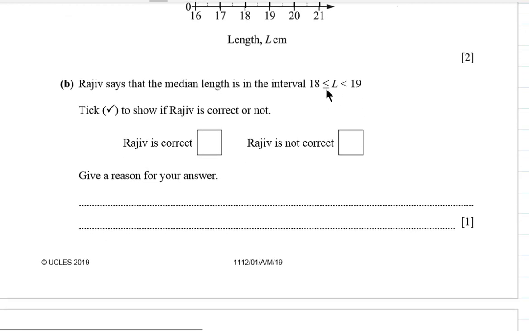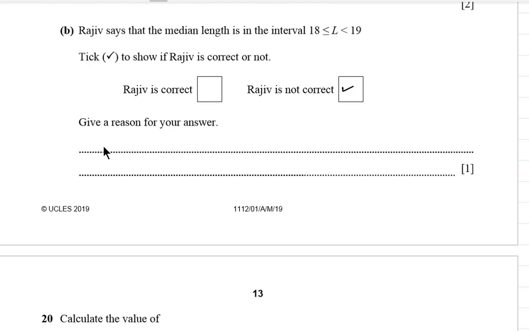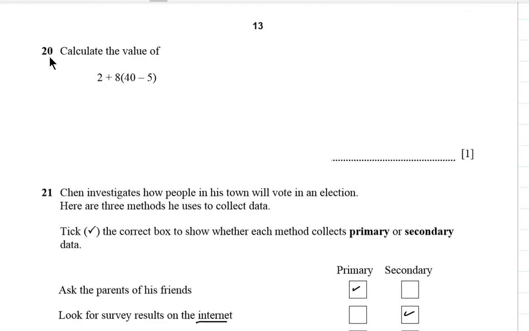Oh, it's wrong. So it's not correct. Give a reason for your answer. You can say that the median is in the group or the class more than or equal to 17 and less than 18 because it contains the 20th and 21st birds.